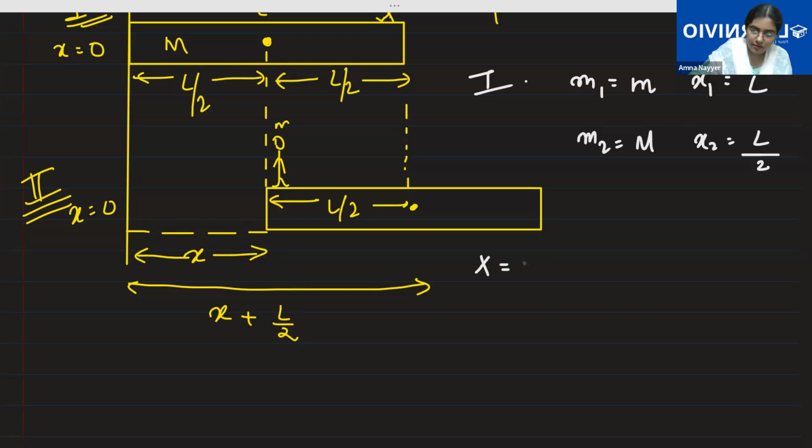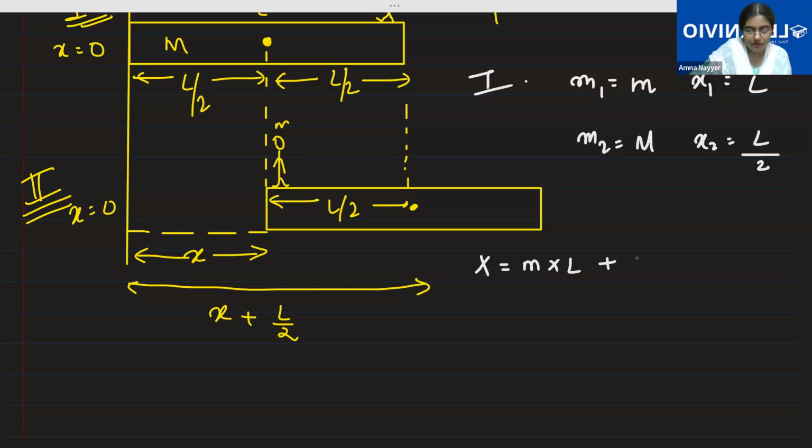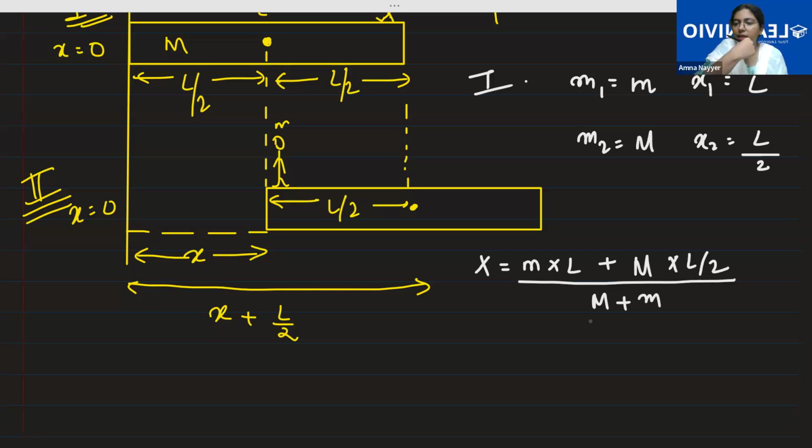Small m into L plus capital M into L by 2, divided by small m plus capital M, correct. This is one part. mL plus ML by 2. We'll solve that later. This is one part.